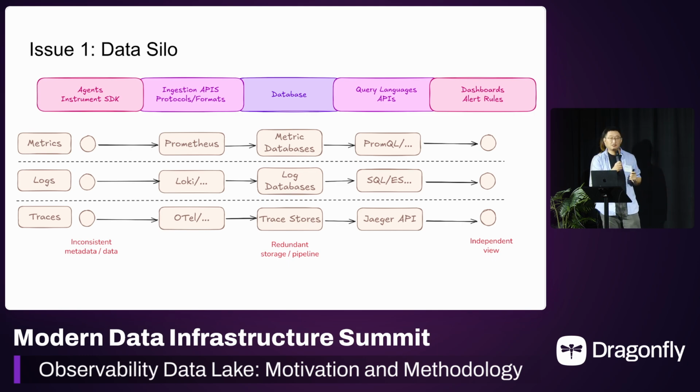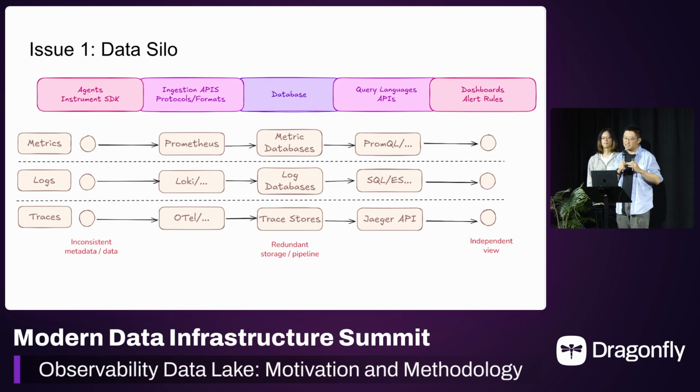First, at the data source, it might introduce some inconsistency of metadata or even data itself. For storage, it introduces redundancy of storage. And for the application layer, due to the different data granularity, it's very hard to combine them together.